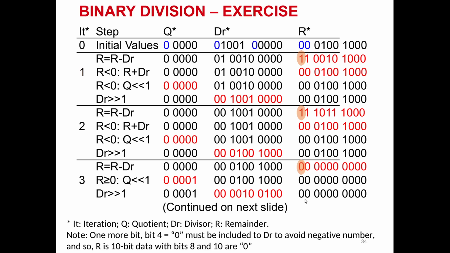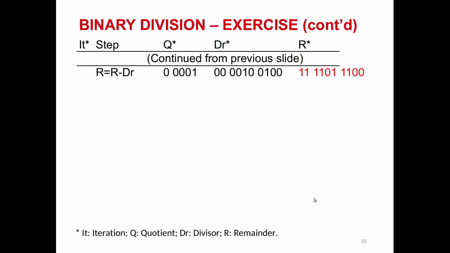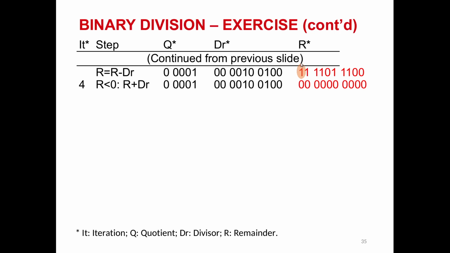You can see here R now is 0 and dr is larger than 0, so of course the result will be a negative value 1 1 1 1 0 1 1 1 0 0. And so here, as the most significant bit of the result is 1, we need to reverse R to the previous value by adding it with dr, and R will come back to 0 here.